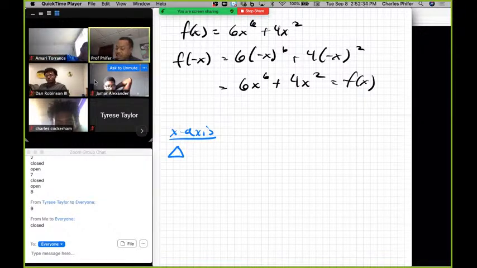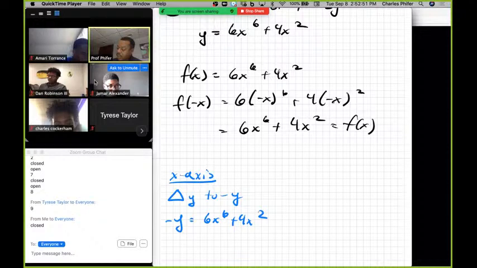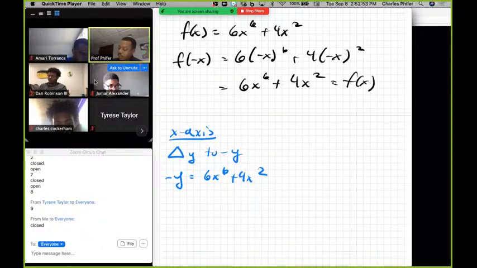In this context, I'm using it for change. So for x-axis symmetry, we're going to change y to negative y and simplify. Okay? So then we're going to say negative y equals 6x to the 6 plus 4x squared. We can't do any manipulation to get back to the original, so we're going to say no there.